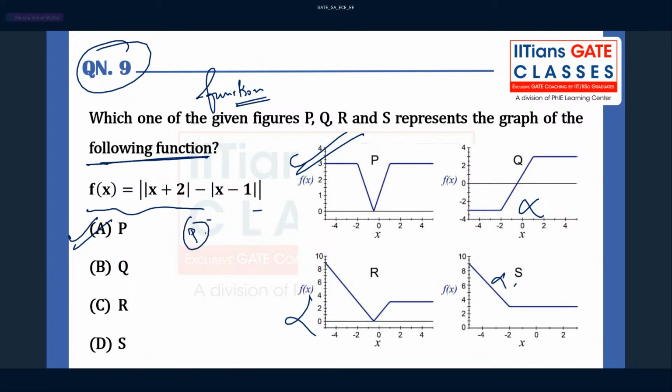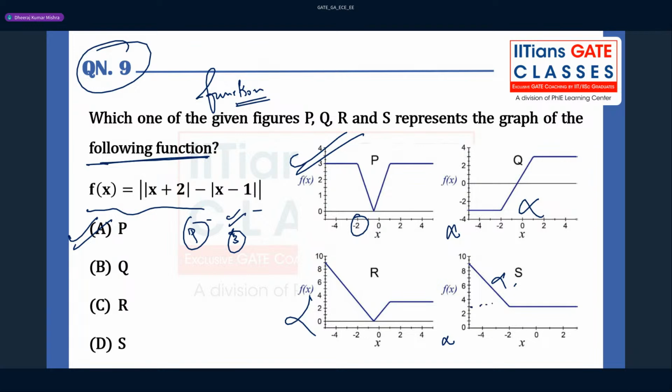Another way of understanding is if you take some value, like x equal to minus 2 here, and you put it here, right? So at x equal to minus 2, what will it be? This should be positive 3, right? At x equal to minus 2, positive 3. So this is not the correct one.